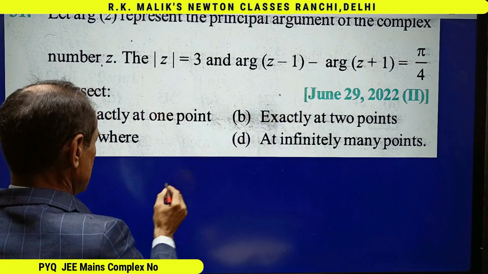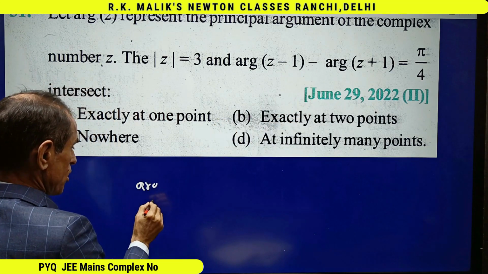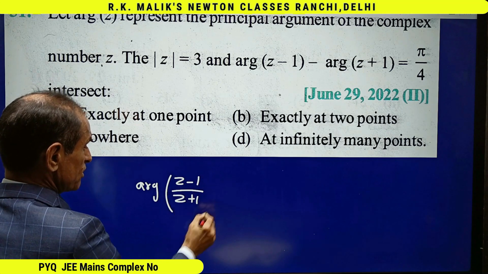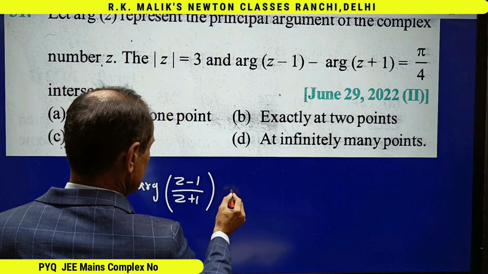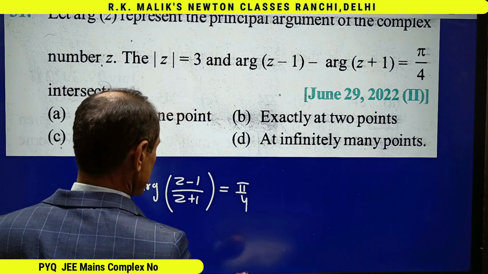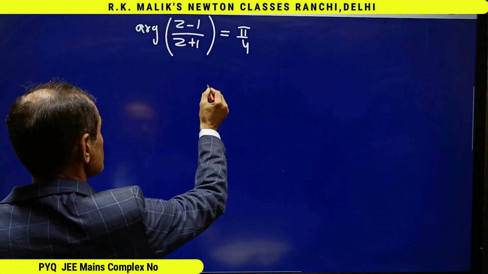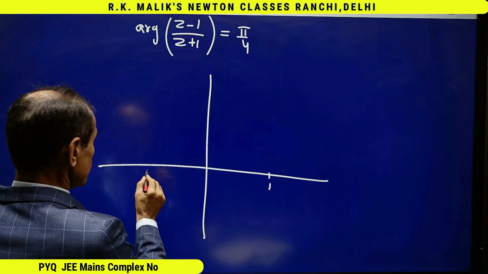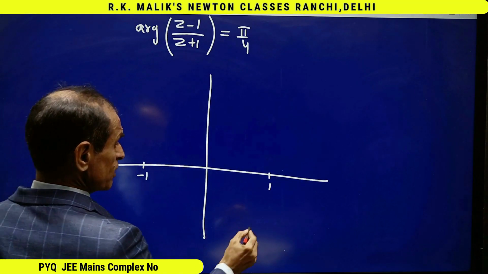And now this equation can be written as argument of (z minus 1) upon (z plus 1) equal to pi by 4. Clearly 1 is somewhere here, minus 1 is somewhere here.